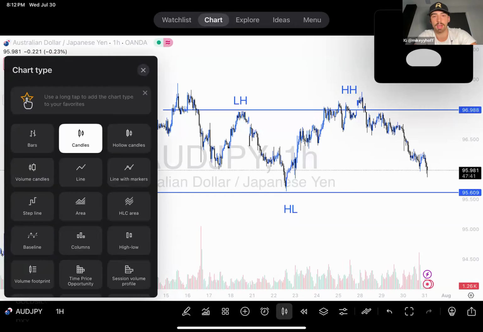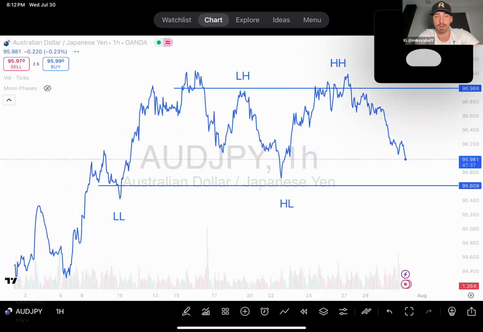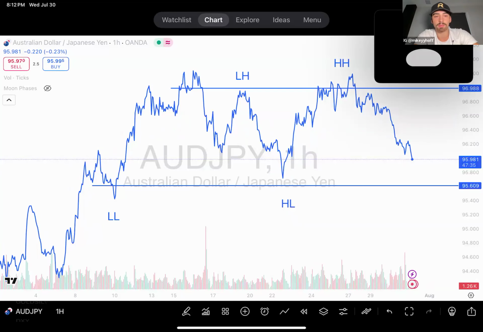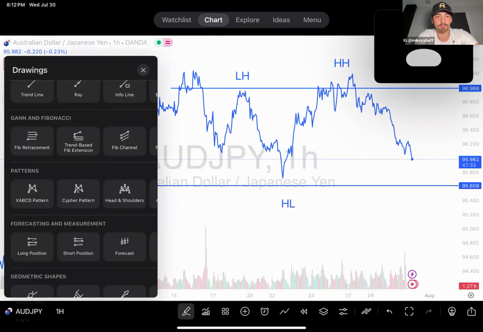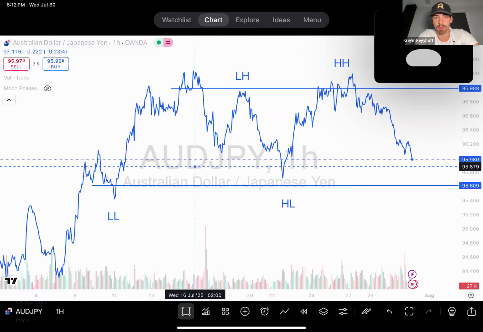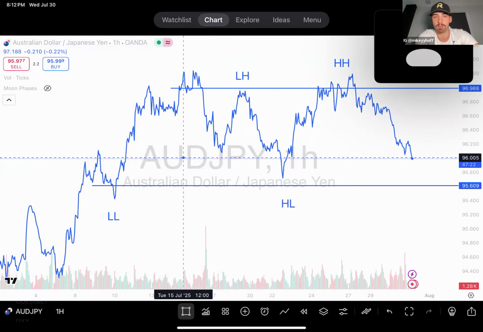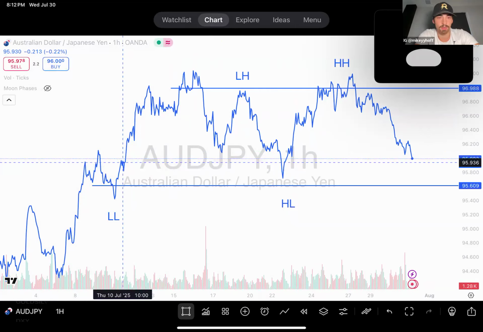Go back down to the line chart. Where do we have peaks closest to current price? Number one, I can see we have some peaks here, right? We have some peaks here, but do we want to use these because they're right basically near price? No, right?